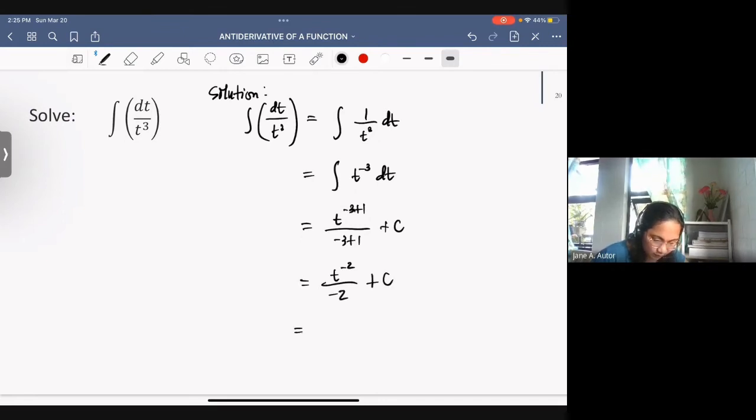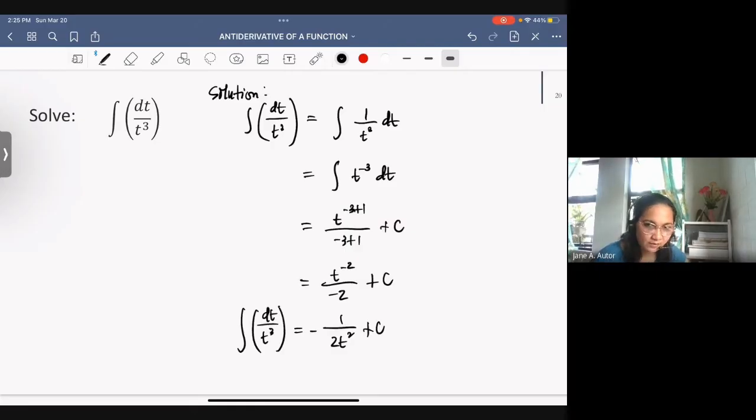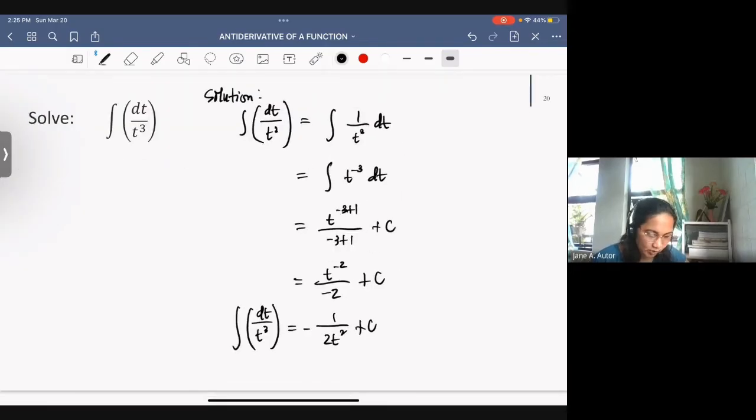And if you want to transform this into a positive exponent, we just have to apply the law on negative exponents, and this will give us the negative of 1 over 2t squared, plus c. So this is the integral of dt over t cubed. That's for our second example.